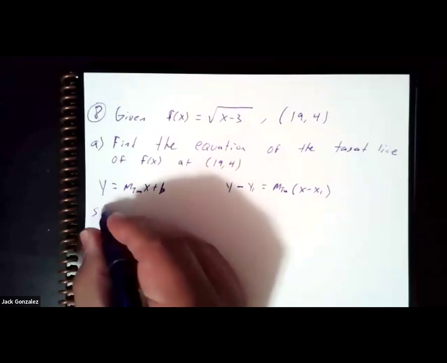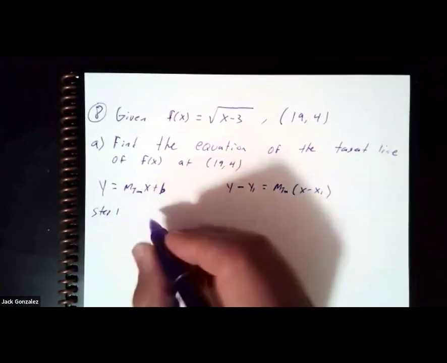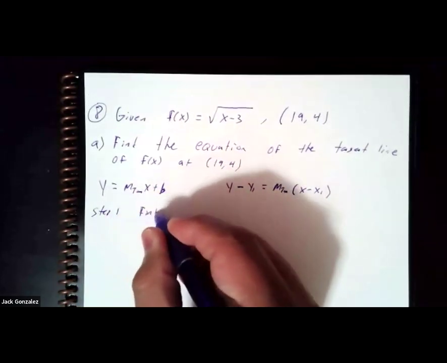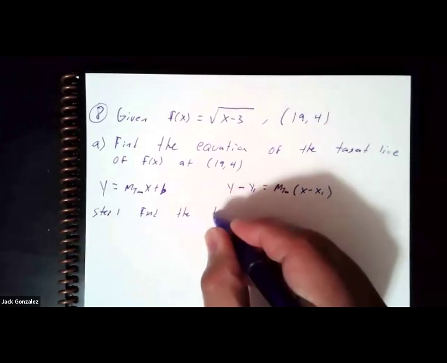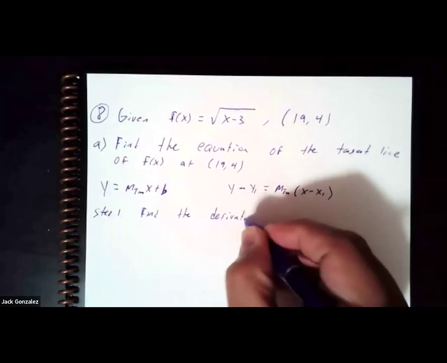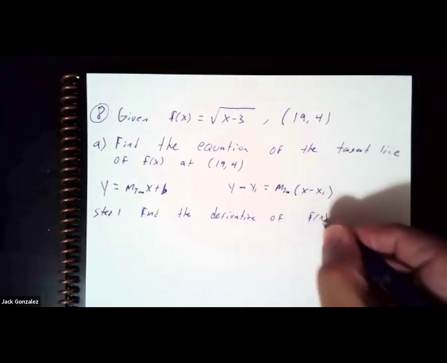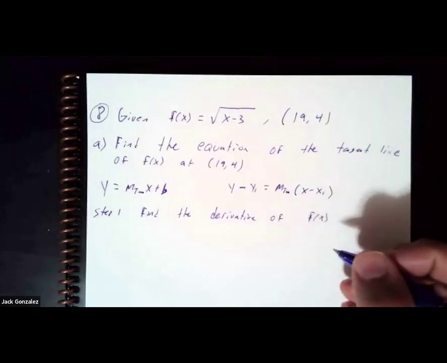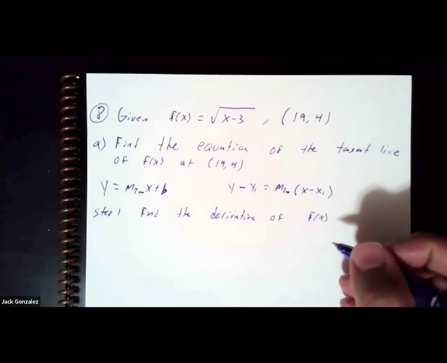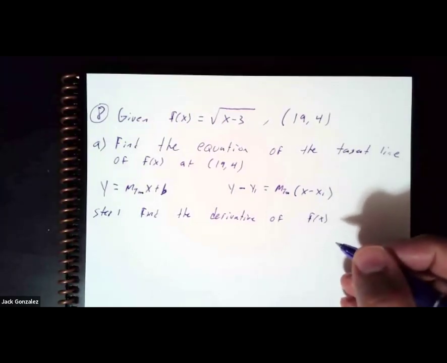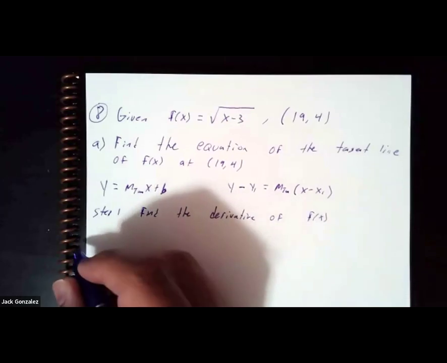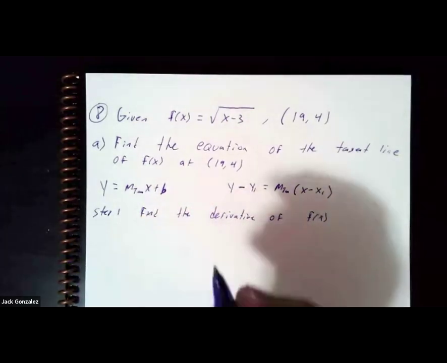Okay, so step one. Find the derivative of f of x. This time I'm going to do it all at once instead of doing it in 4 steps, or writing all those details.